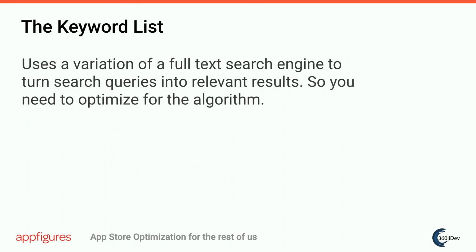And so there are a few things to do when it comes to optimizing that list, if you think about the algorithm behind it, which uses a kind of variation of full text search. How many of you have worked with full text search? Lucene, Elasticsearch, that old one in MySQL? Okay. So you know approximately how it works. I'll give you the quick gist.